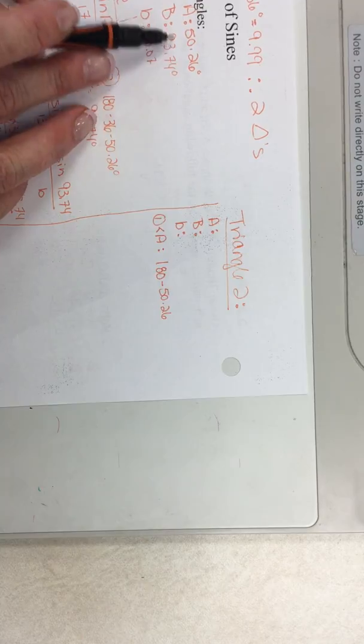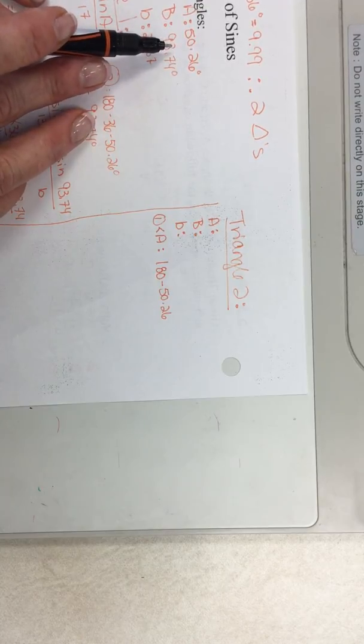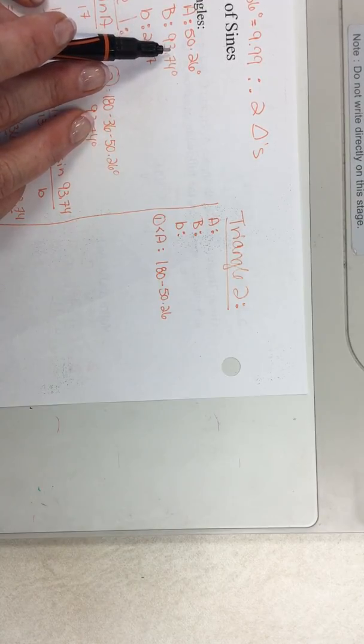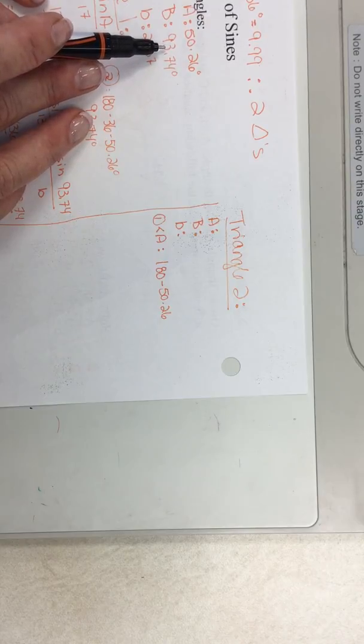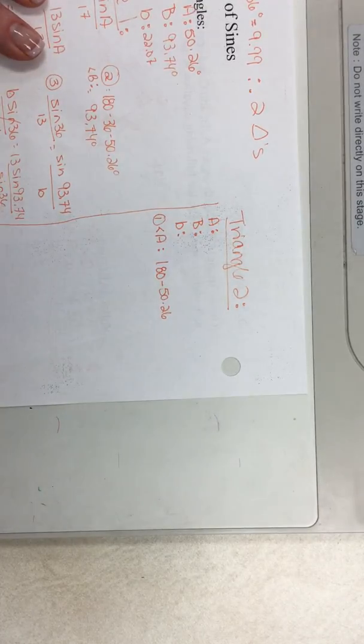Now, 50.26, let's go back to some geometry terms. Would that be an acute or an obtuse angle? 50.26. Acute, because it's less than 90. Because it's less than 90 to begin with, our second angle that we're going to create is actually going to be an obtuse angle, which means it's going to be greater than 90.